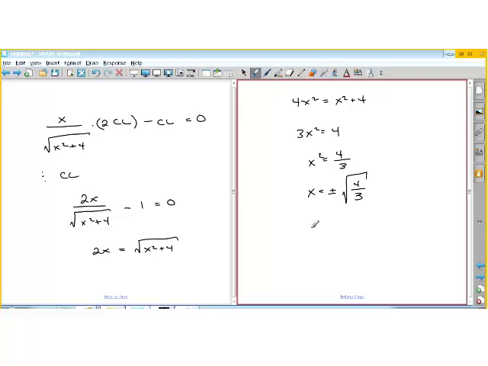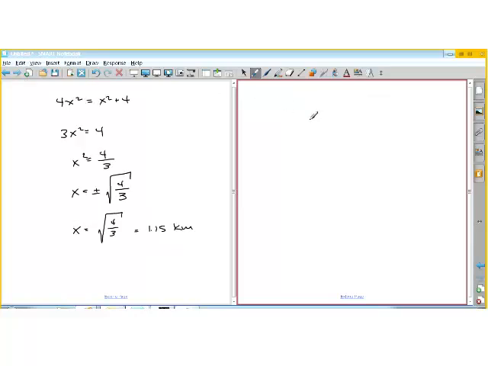So we take the positive one of those two because that's in our domain. And let's go ahead and put this in decimal form. So we take the square root of 4 divided by 3, which is 1.15. So 1.15 kilometers. And so then we could go back to our secondary equations, which said that L1 is equal to the square root of x squared plus 4.